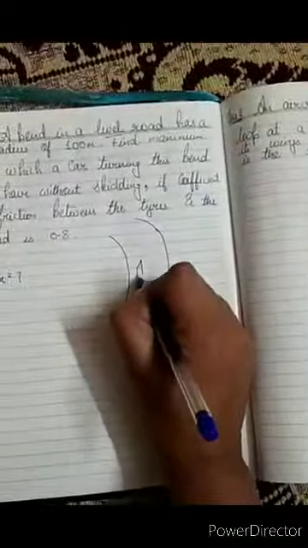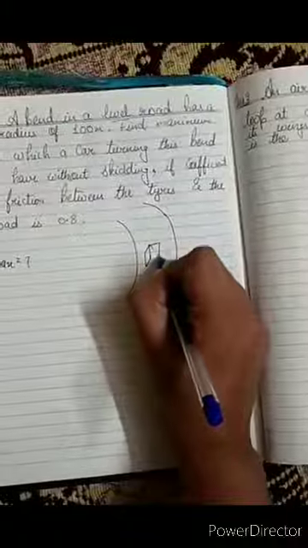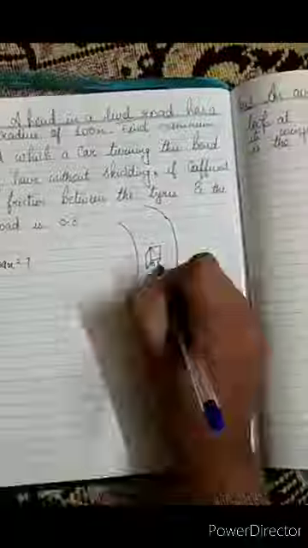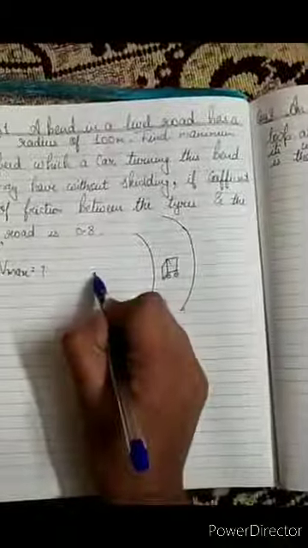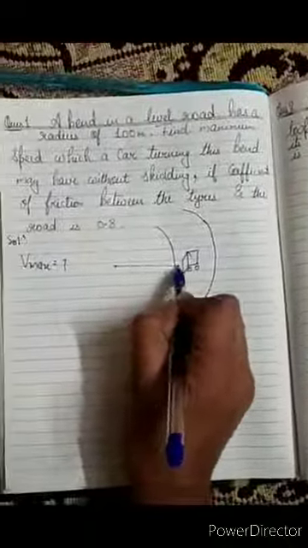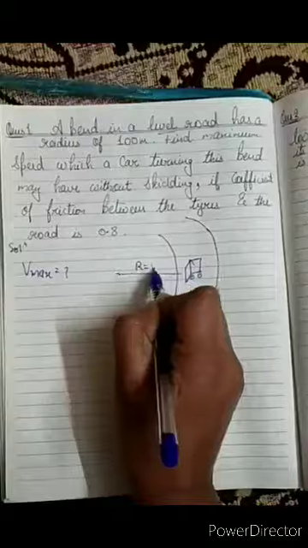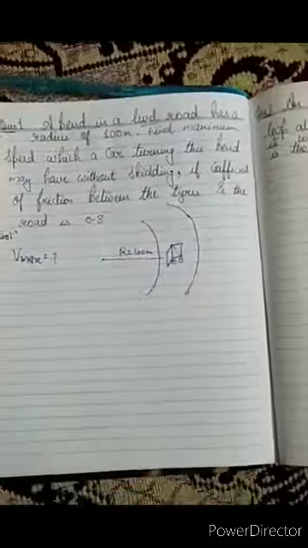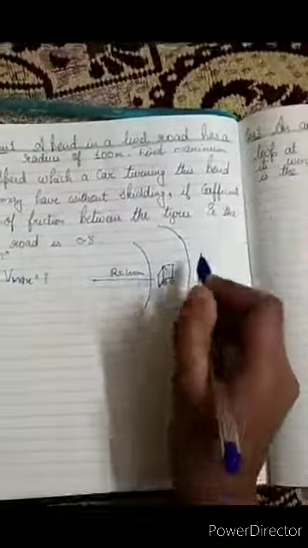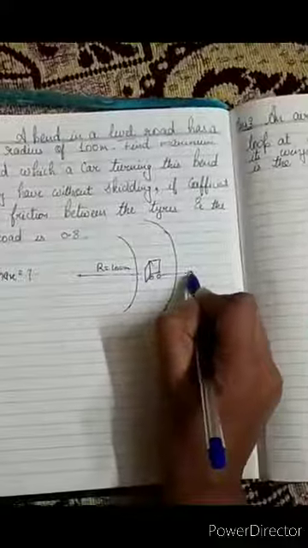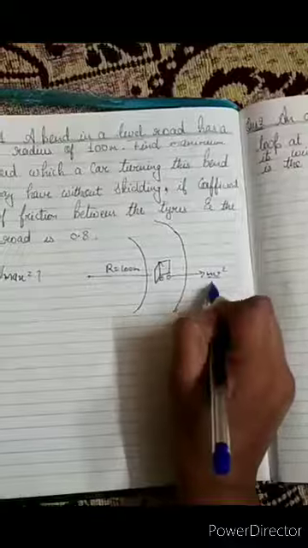Very nice. Now look, this is my car. This is the bend, and let's say we have R equals 100 meters. Of course mv square by r must be outward, because you are inside the car, driving and taking a turn of 100 meter radius.